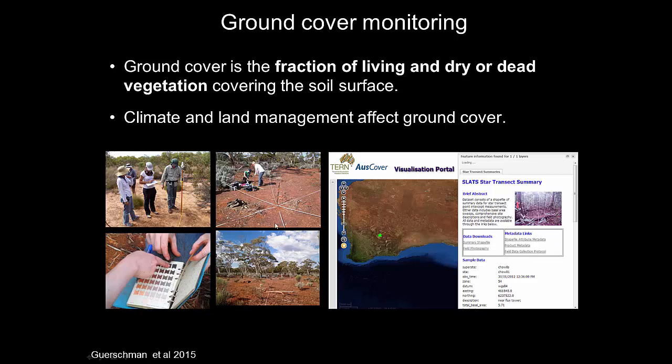Basically, this consists of setting a set of transects and walking along the transect with a stick in the hand and stopping every certain distance, recording whether the stick touches living or dry or dead vegetation or bare soil. Then, having the total counts of each type, you can also get a measure of the ground cover that each portion occupies in a certain plot.